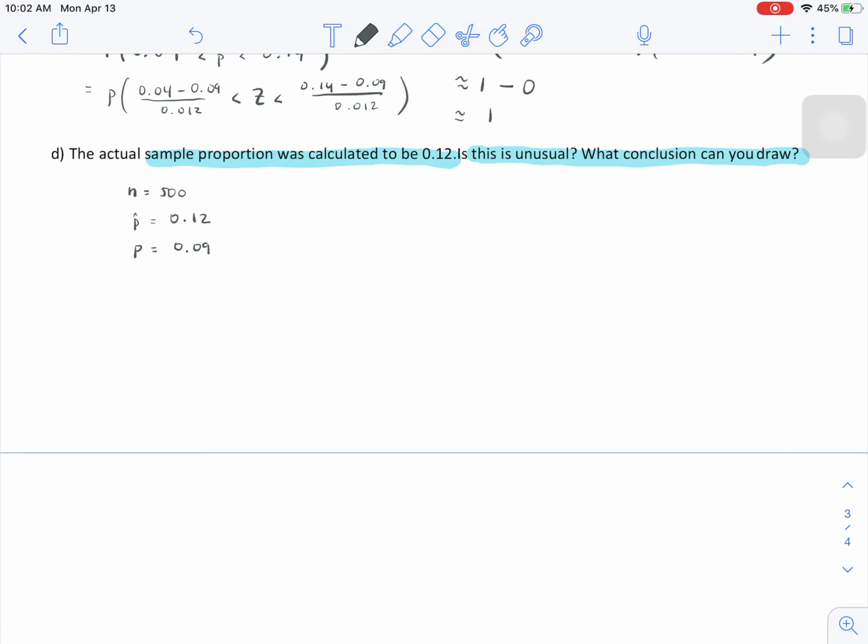Okay, so to figure out if a value is unusual, let's look at the probability of seeing a value as or more extreme than our population proportion. So we can look at what is the probability of observing a sample proportion greater than or equal to 0.12.